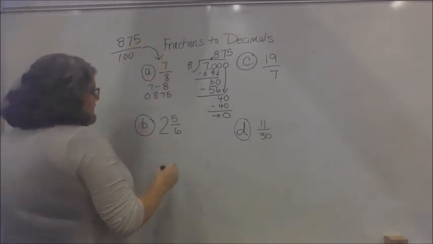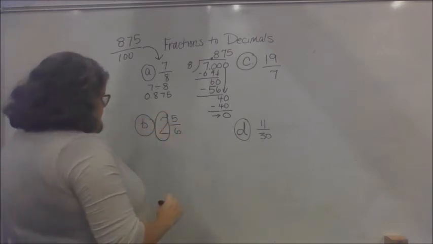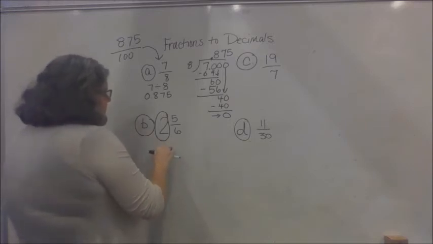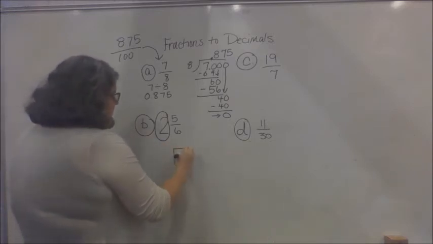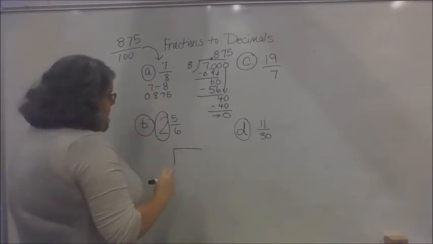So this one, again, I'm going to ignore this whole number 2 and just focus on the 5/6 part. I'm going to know at the end that whatever decimal I get has to have a 2 put back in front of it because I had that whole number 2 there.